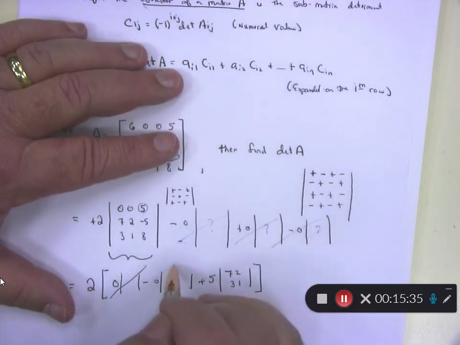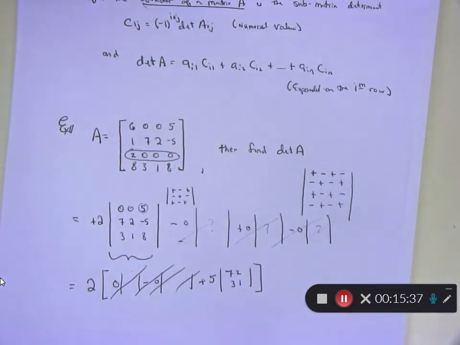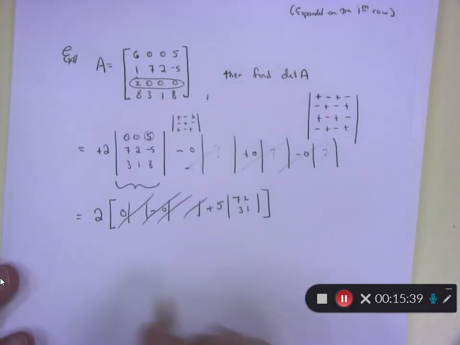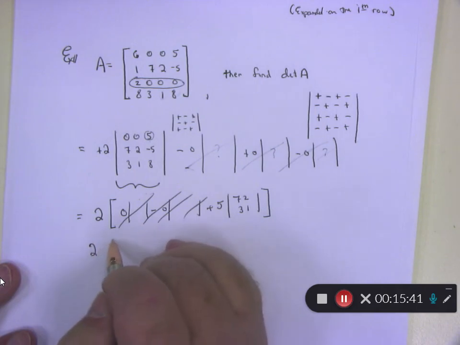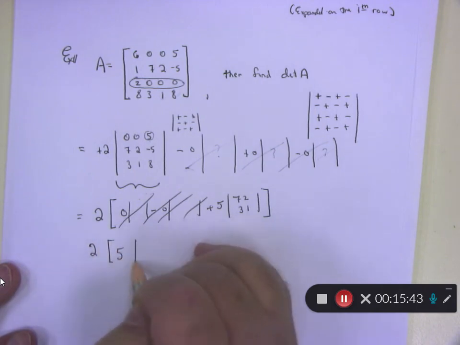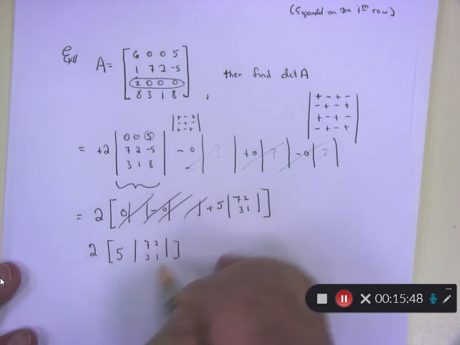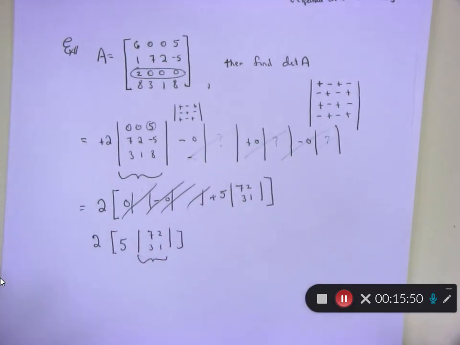These terms go away, so I am left with 2 times 5 times the determinant of 7, 2, 3, 1. This one you've finally got down to something you like to do, which is your 2 by 2 case.